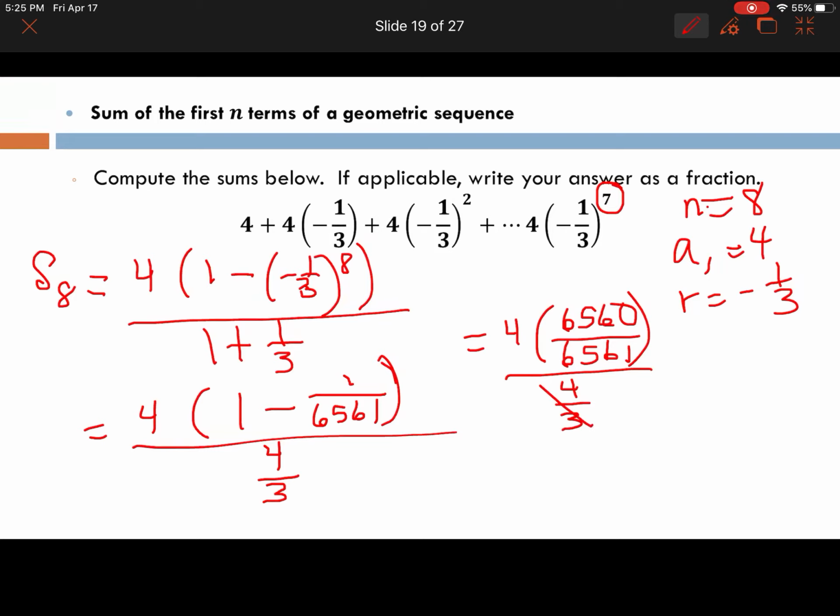So this is the same as we're going to multiply by 3 over 4. So these 4's will cancel. So now I've got 3 times 6,560 over 6,561.